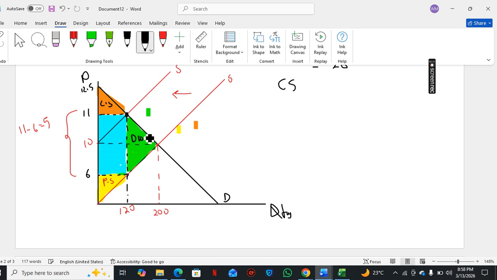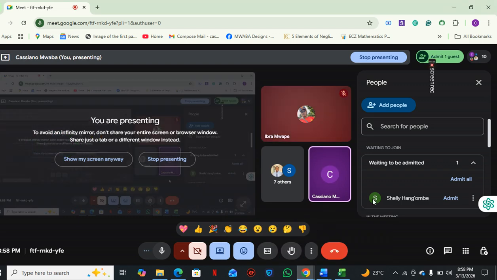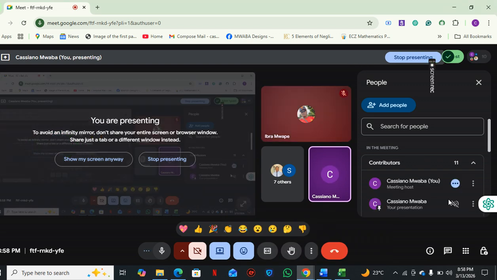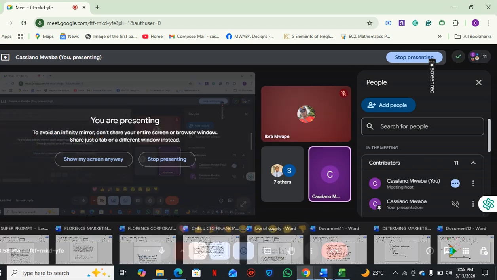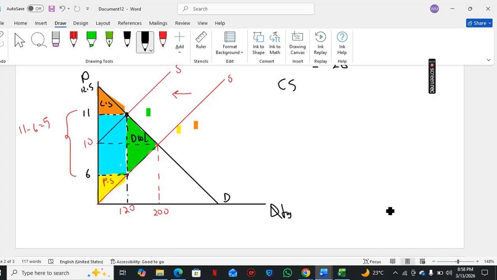The quantity of the goods that could have been produced, but they haven't been produced, due to this tax being enacted. So the supplier wasn't able to produce some extra goods because the cost of production has increased. So that green triangle there is your dead weight loss.